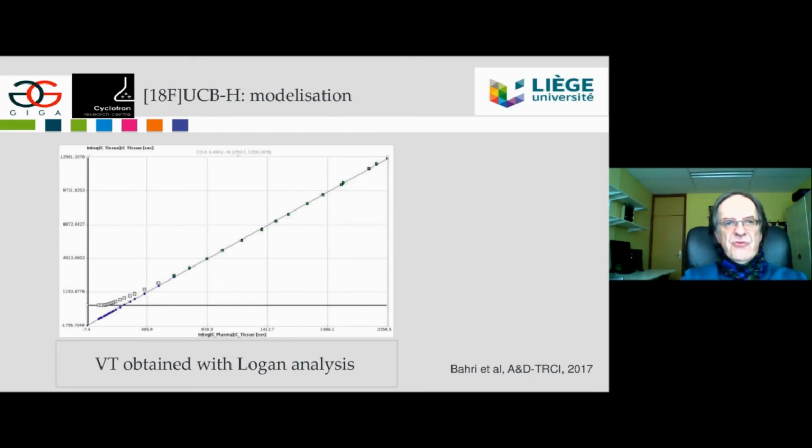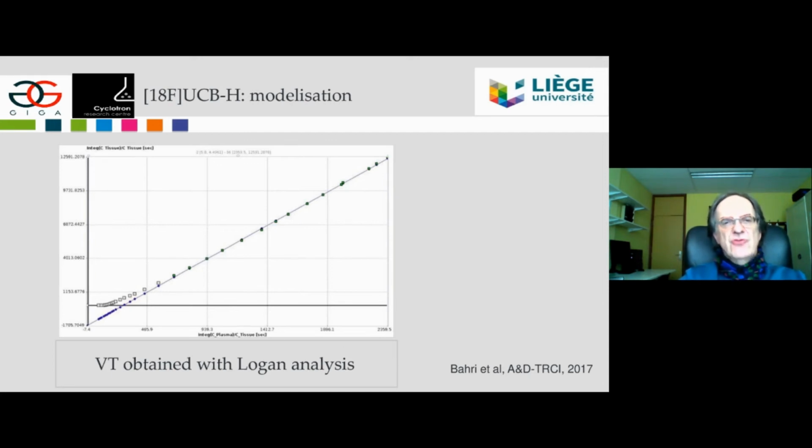You see one global measure, which is the kind of uptake of your drug in the regions of interest in your brain. And so you effectively have a modelization.